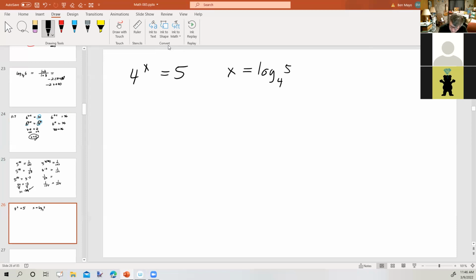Now, the reason I went equals x back to the left instead of to the right is because now I'm going to use the change of base formula to rewrite that expression. And there I can go to my answer. So I've got log base 10 of 5, close it up, divided by log base 10 of 4, close it up.